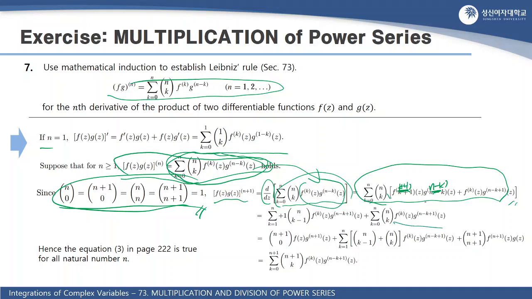Because this has two terms here, we have to separate the summation. Oh, here is a typo.